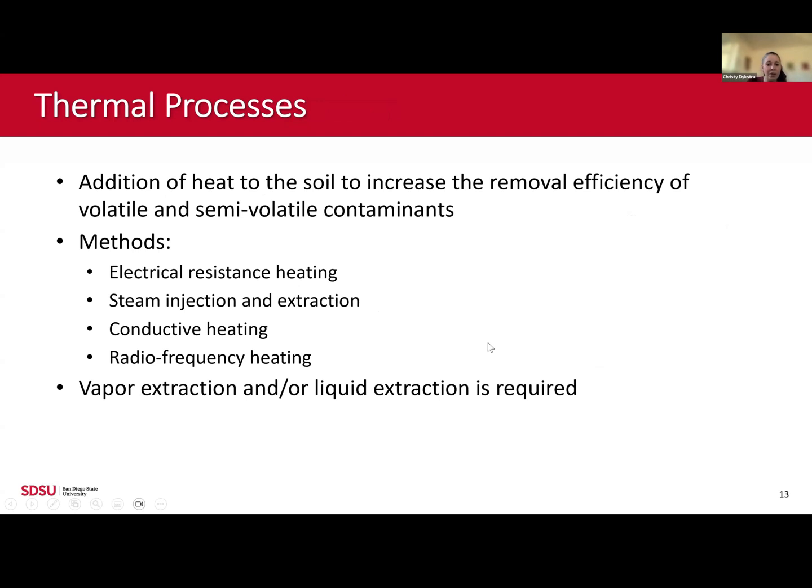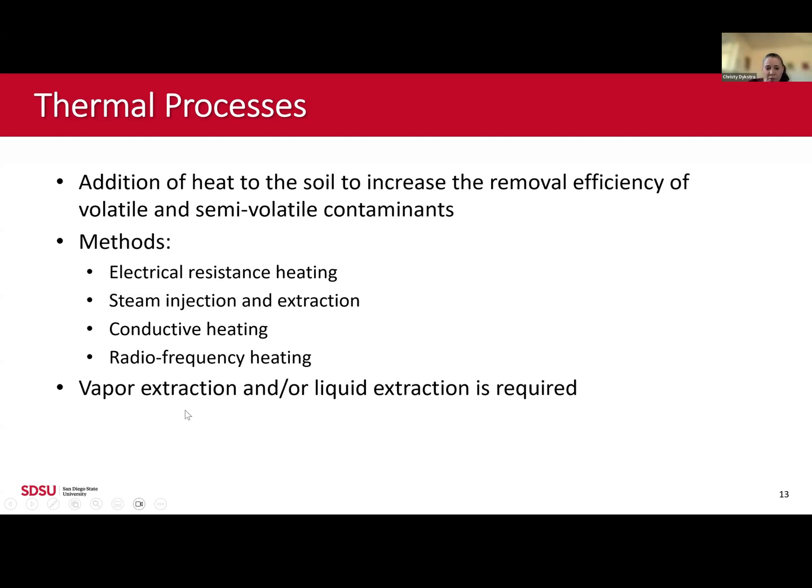Okay, we can also do thermal processes. The addition of heat to the soil can help us remove some of the volatile or semi-volatile contaminants. So we can do things like electrical resistance heating, steam injection, conductive heating, or even using radio frequencies to heat this.